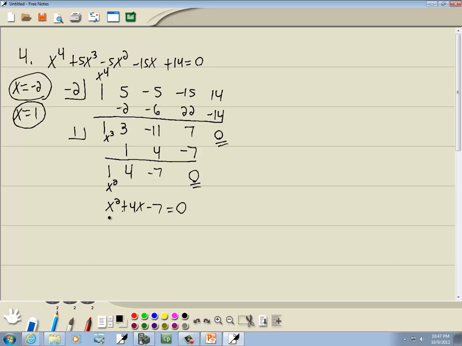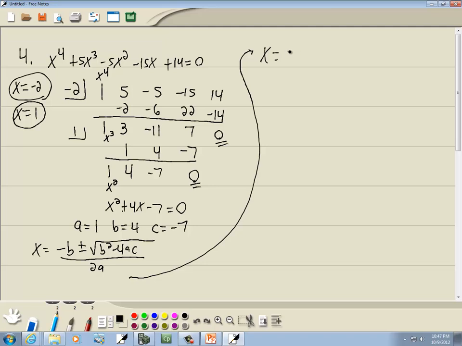Now this won't factor, so we have to use the quadratic formula again. A is the number before x squared, which is 1. B is the number before x, which is 4. And C is our number at the end, which is negative 7. Our quadratic formula is negative b plus or minus the square root of b squared minus 4ac, all over 2a.